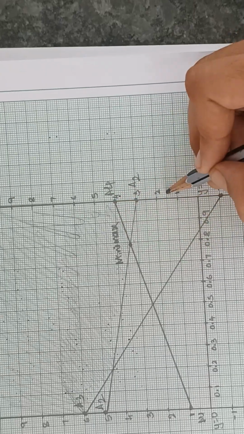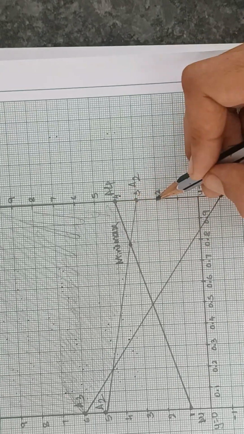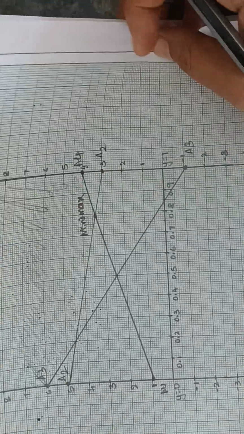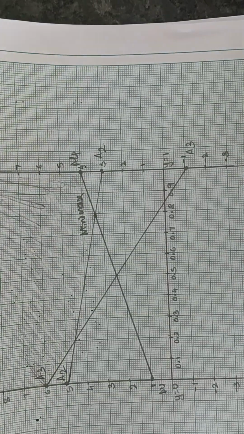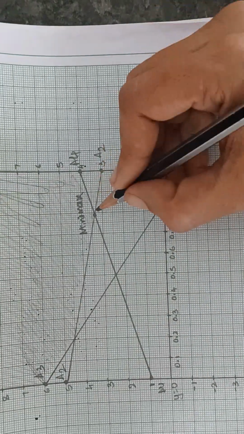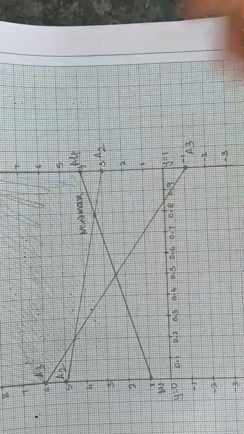So these two are the strategies which player A has to select. From the graphical method we are selecting two optimal strategies which the player has to select in order to proceed with the game. So with this graph we were able to trace out those two strategies, that is A2 and A4.